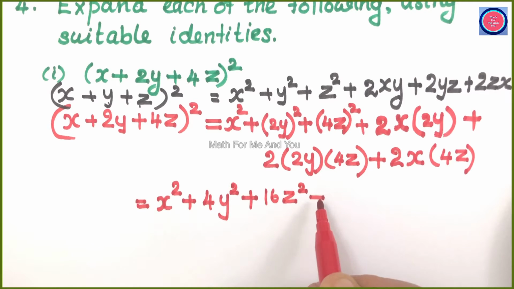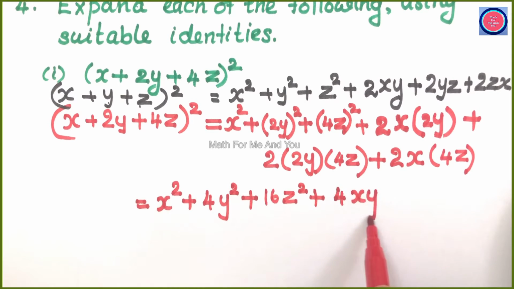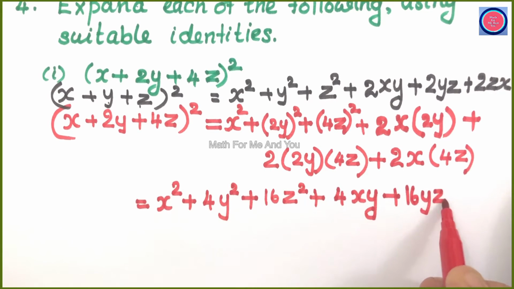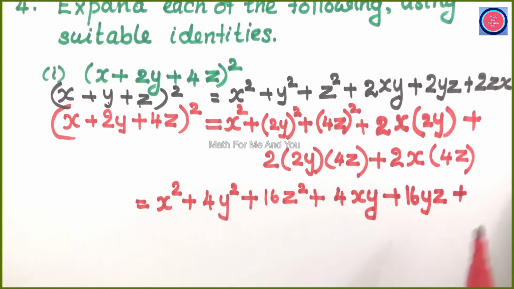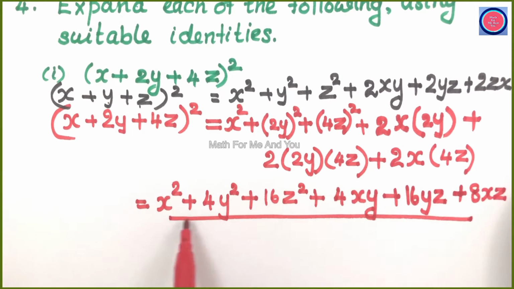Next we can multiply the numbers. 2 times 2 is 4, then the letters xy, so we get 4xy, plus 2 times 2 times 4, it is 16yz, plus 2 times 4 is 8, so the last term we get 8xz. So now we are getting (x + 2y + 4z) the whole square is equal to x square plus 4y square plus 16z square plus 4xy plus 16yz plus 8xz.